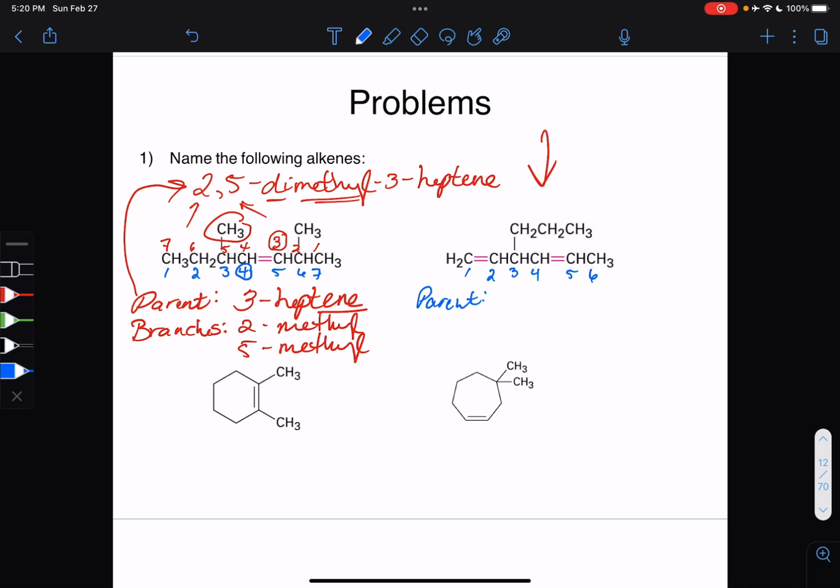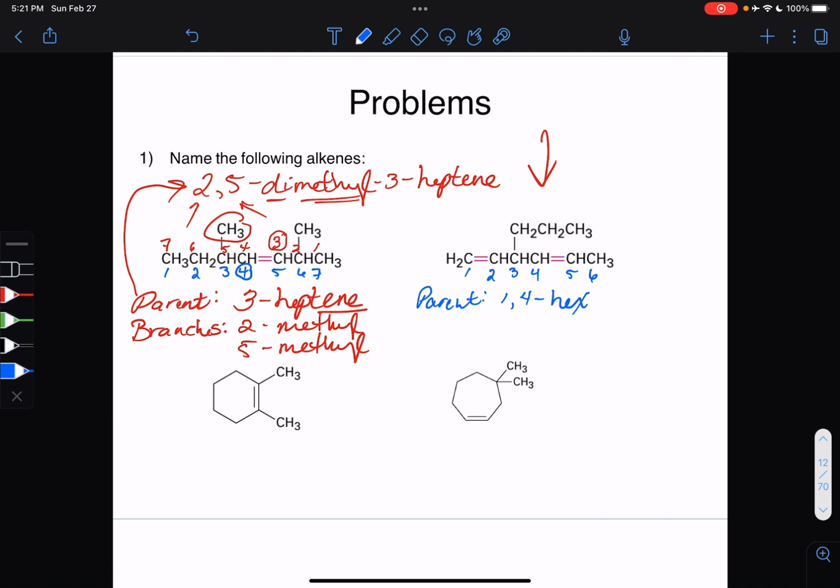And where are they located? Well, we start at carbon 1 and go to carbon 2, but remember we don't need to put 2 there, we just need to put where it starts. So 1, 4, and then we'll have hex, and instead of just putting hexene, we need to say there are 2 of them.